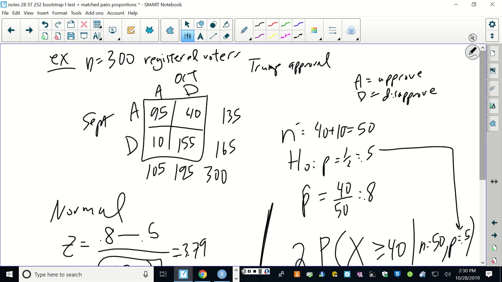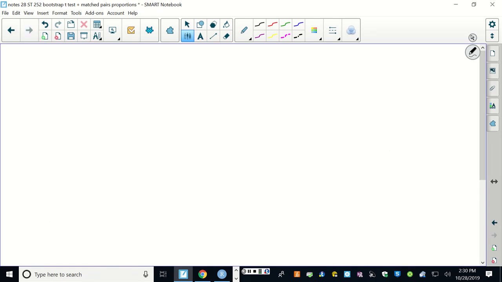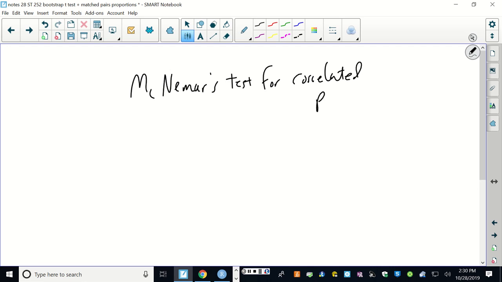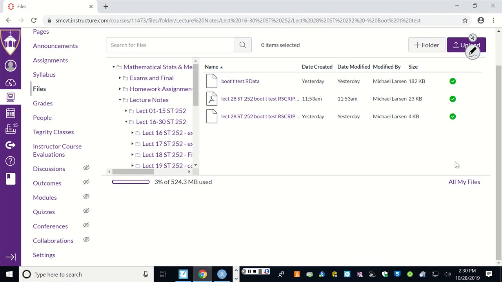But this generally comes under the name of McNemar's test, a test for correlated proportions.